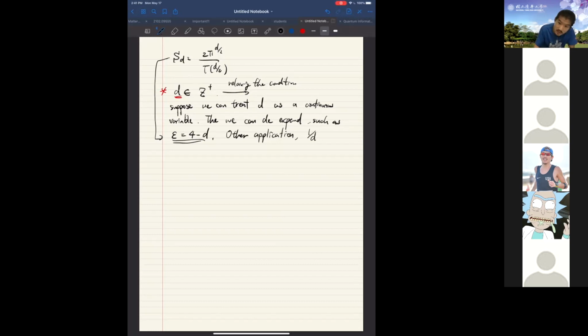Okay, so now as we introduced the RG scheme, we need to integrate out the high energy mode, or the large momentum mode.